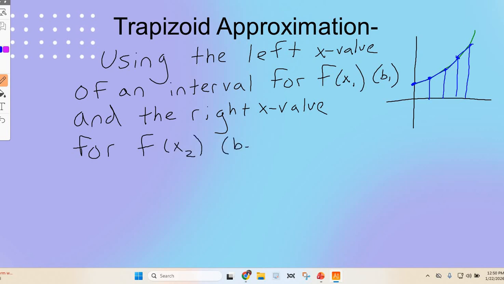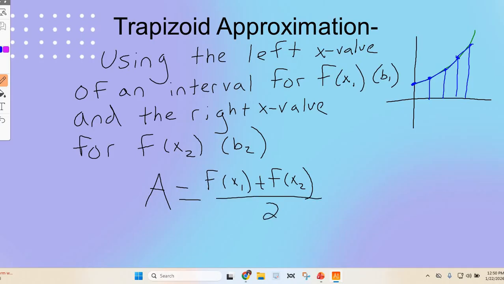Which is acting as our base 2. Because then our area, remember from our trapezoid thing that we talked about earlier, is base 1 plus base 2 over 2. But for us, that's going to be f of x sub 1 plus f of x sub 2 divided by 2. So those are acting as our base 1s and base 2s.